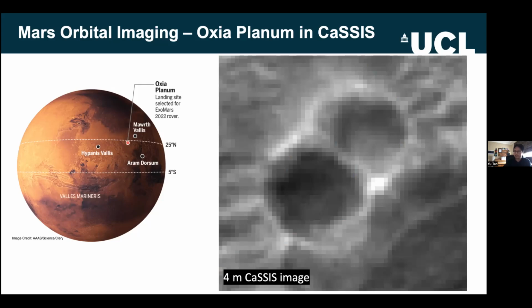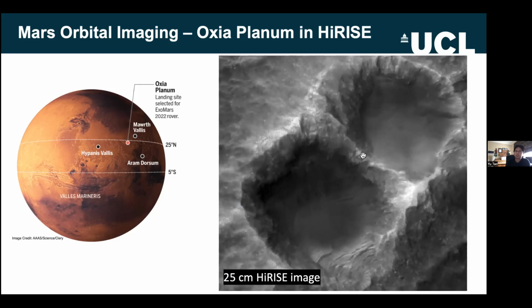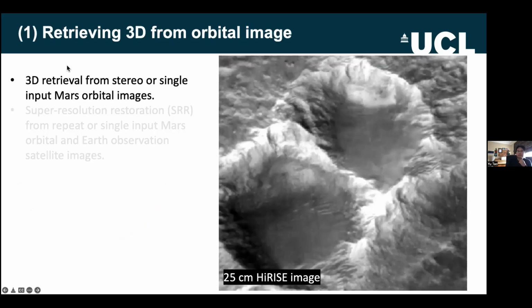And finally, for a tiny 3% or 4% of the Martian surface, we can switch to the 25 centimeter resolution HiRISE images, which allow you to see details of many surface features, such as the fine scale features on the ridges of these very small craters.